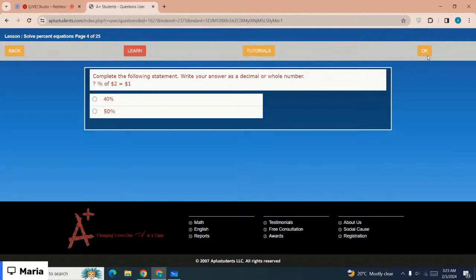Complete the following statement. Write your answer as a decimal or whole number. Which is the correct option? What percent of 2 equals 1? Which is the correct option?